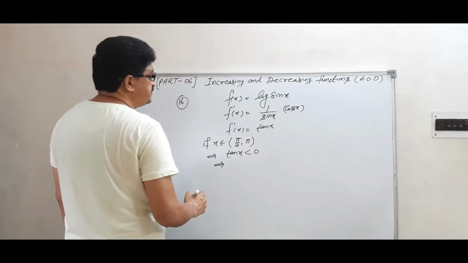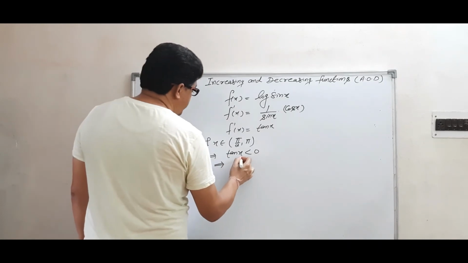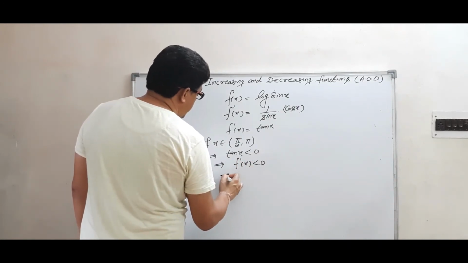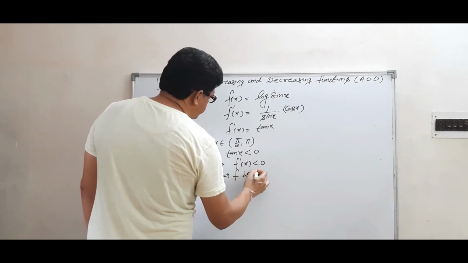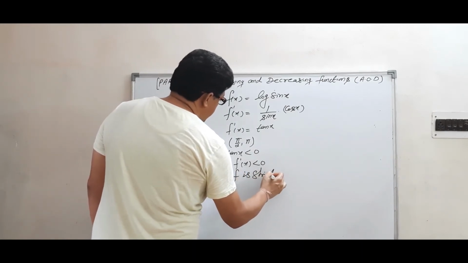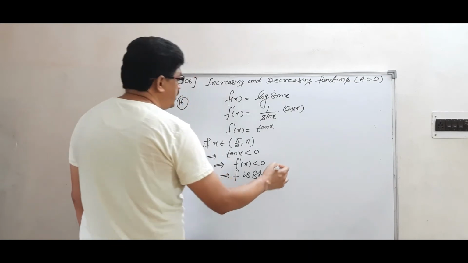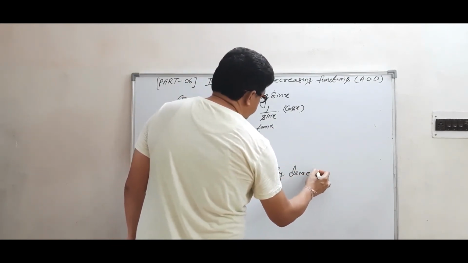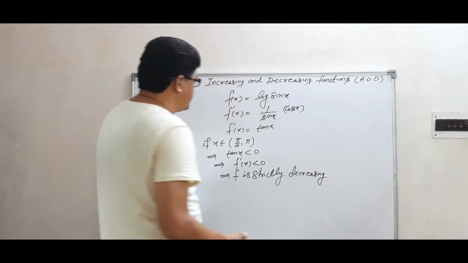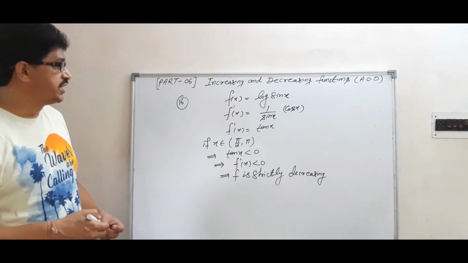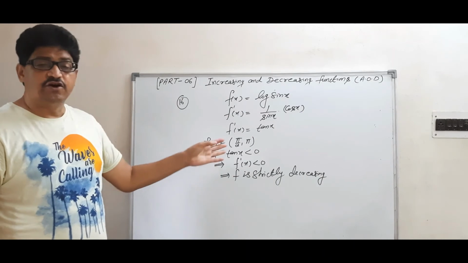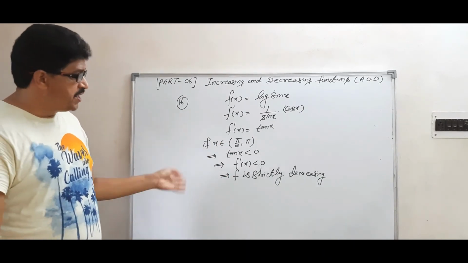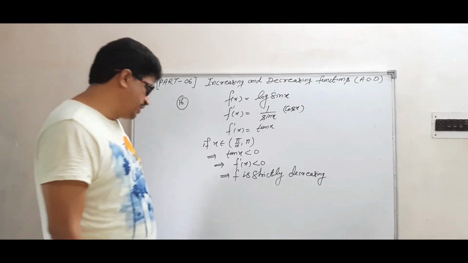This implies f dash x is less than 0 and f is strictly decreasing. So in this way we can find out whether the function is strictly increasing or decreasing. In 0 to pi by 2 it is strictly increasing, pi by 2 to pi it is strictly decreasing.